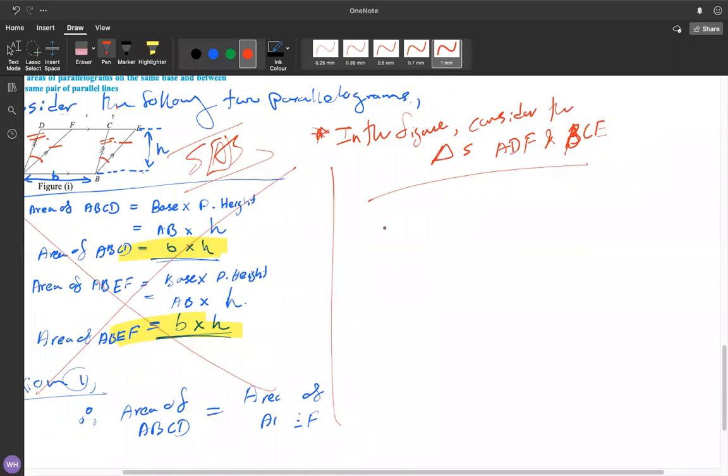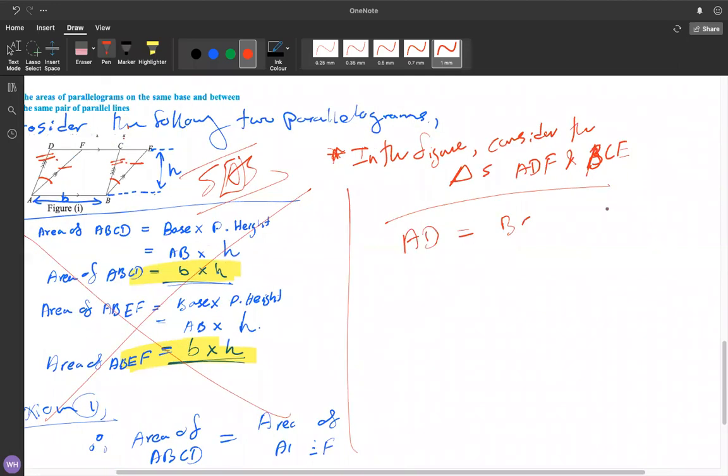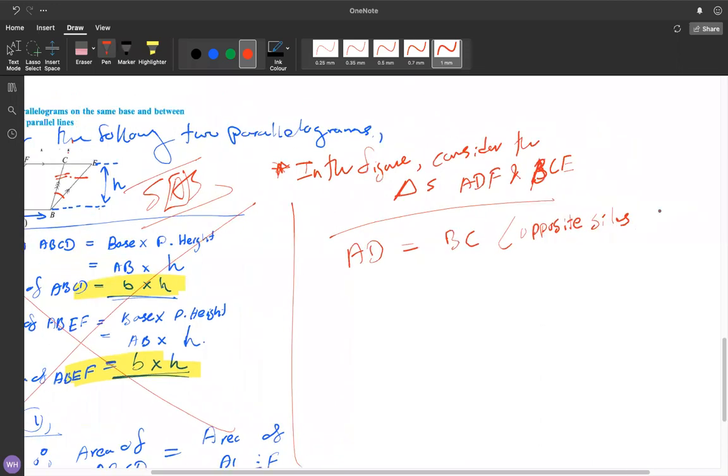All right, so you can write AD will be equal to BC. What is the reason? Opposite sides of a parallelogram.